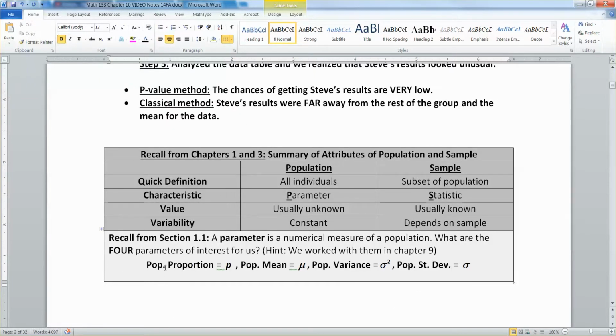Those are the four that you're going to run hypothesis tests on in this chapter. And by the way, in case you missed it, those are the four that you made confidence intervals for in the last chapter as well.